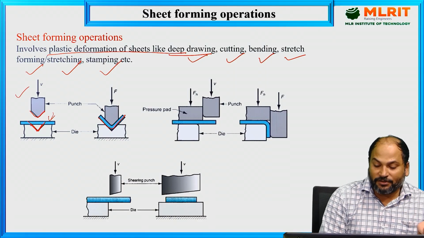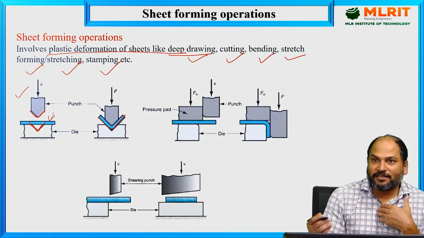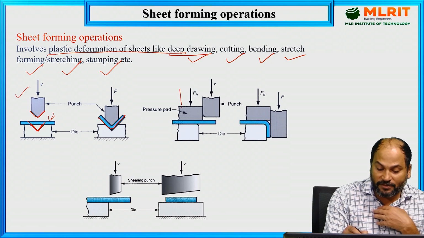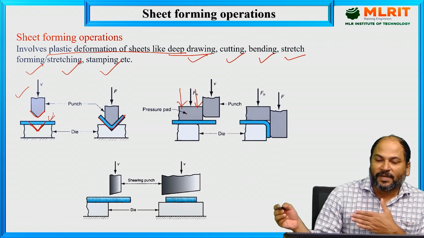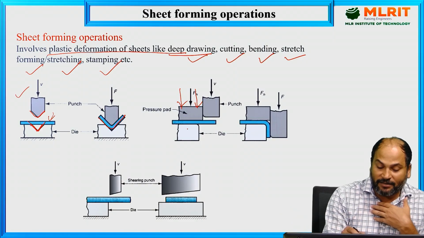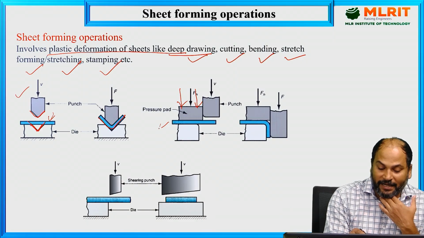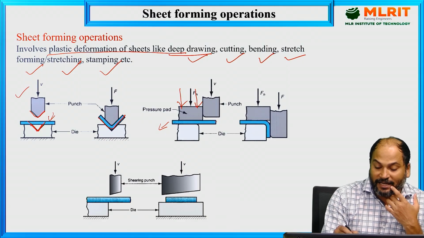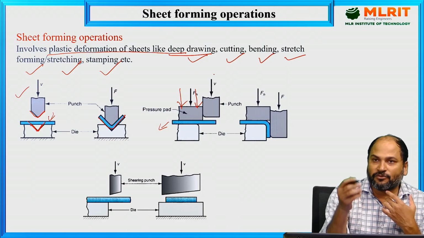This is one of the sheet metal operations. If we are cutting the sample into two pieces, we can see here we have this pressure pad kept over there, and obviously from the top we are applying force so that it will not be removed from its place. Not only that, it will also keep this blank intact at its position. Then we have the die, and from the side we are applying the force through the punch.